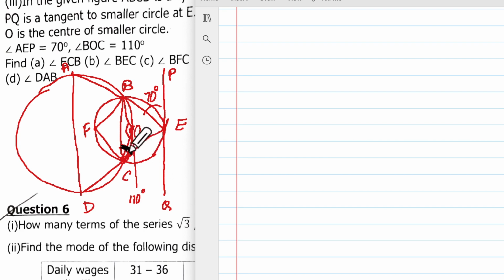This one is ECB. So I'll call that as A. BEC, this is your B. BFC, this is your C. DAB, this is your D.